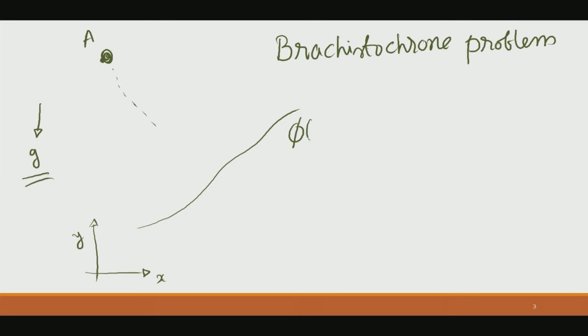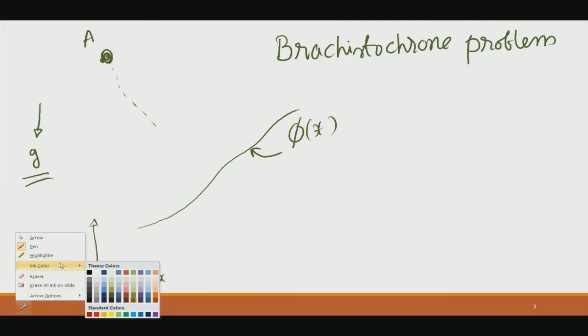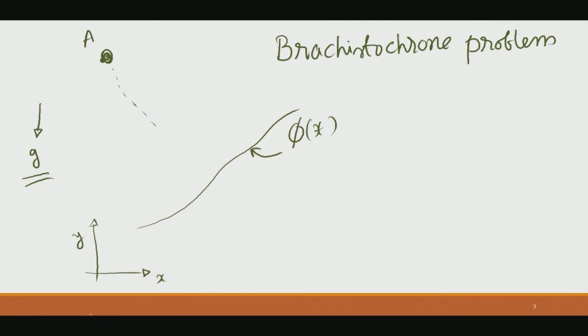Let us take a curve called phi of x, okay, that is this. Now, we say we have a ball as it is shown over there, and say that that ball has to come to some point on this. We do not care which one. Okay. You just come and touch this thing under the effect of gravity starting from this point A, right.